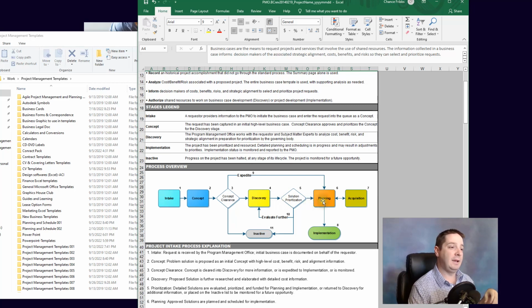You're going to have planning of how you're going to implement or acquire systems to be able to push out your solutions. And so, of course, then you're going to have acquisition, like I just said, or you're going to have implementation.